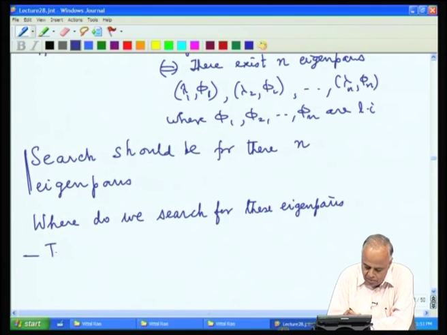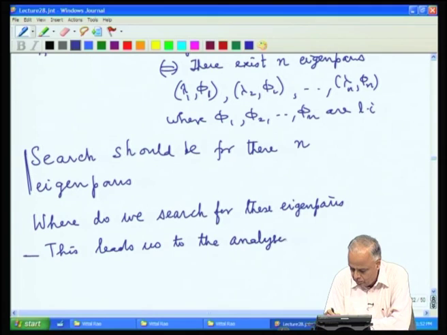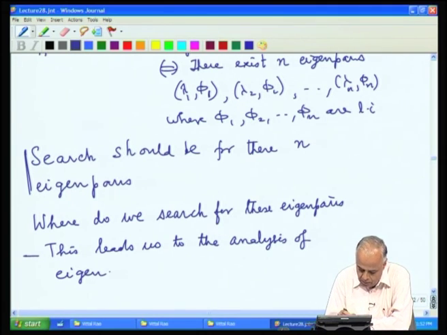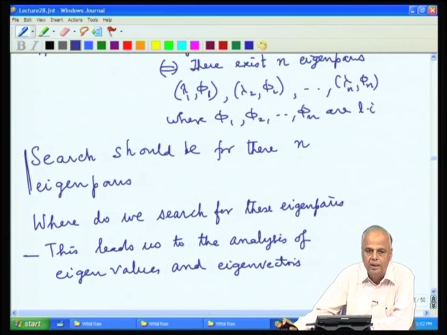So, this leads us to the analysis of eigenpairs, eigenvalues and eigenvectors. This is one of the most important chapters in linear algebra.